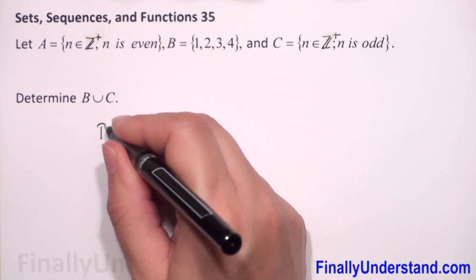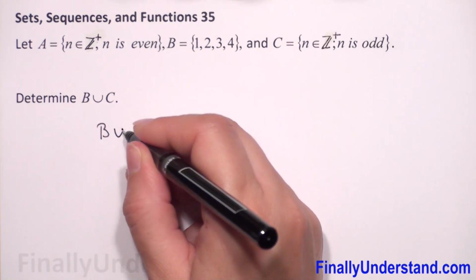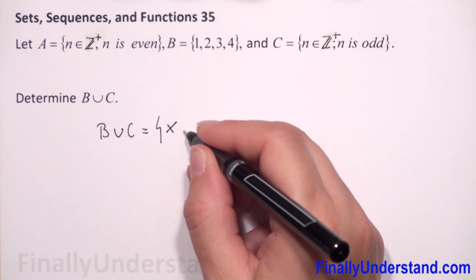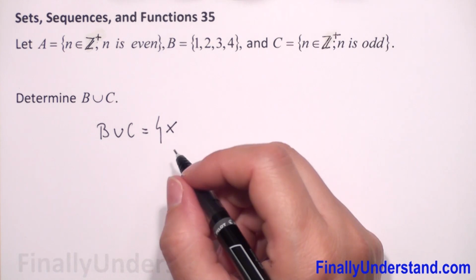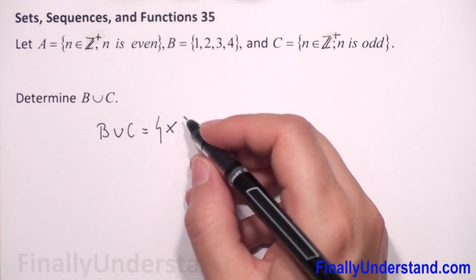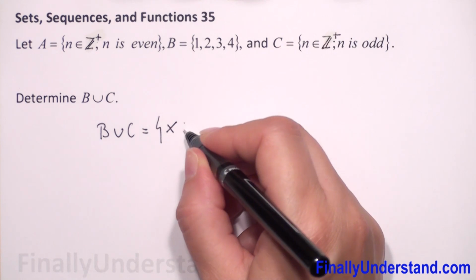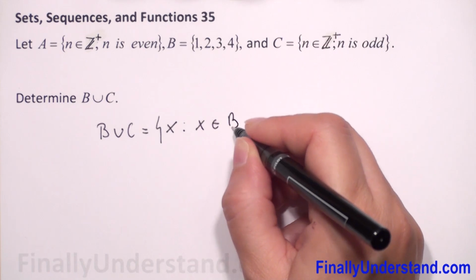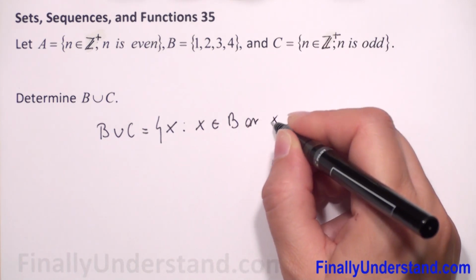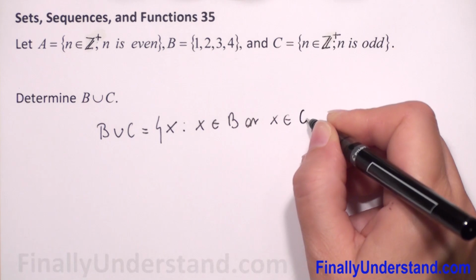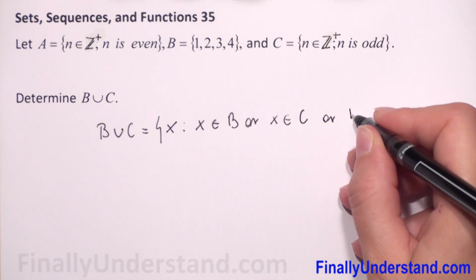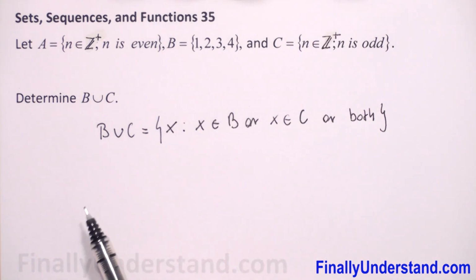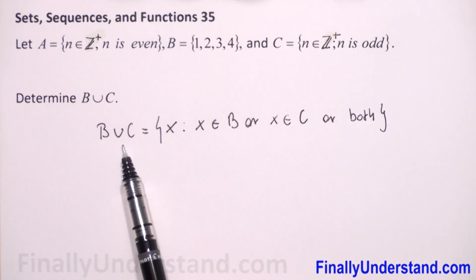So B union C is equal all elements X which belong to B or to C. So we have all X's, X such that X belongs to B or X belongs to C, or we can write both. So now we have the union of two sets.